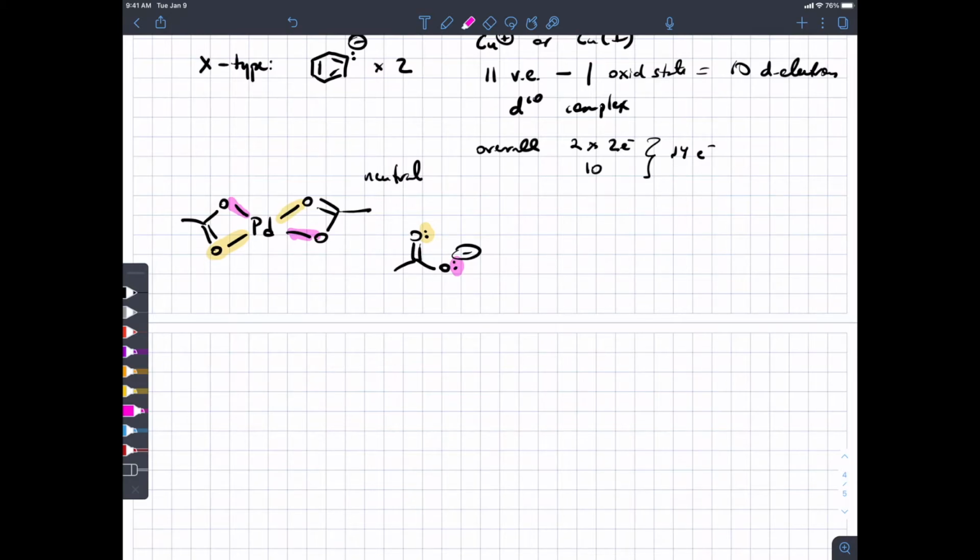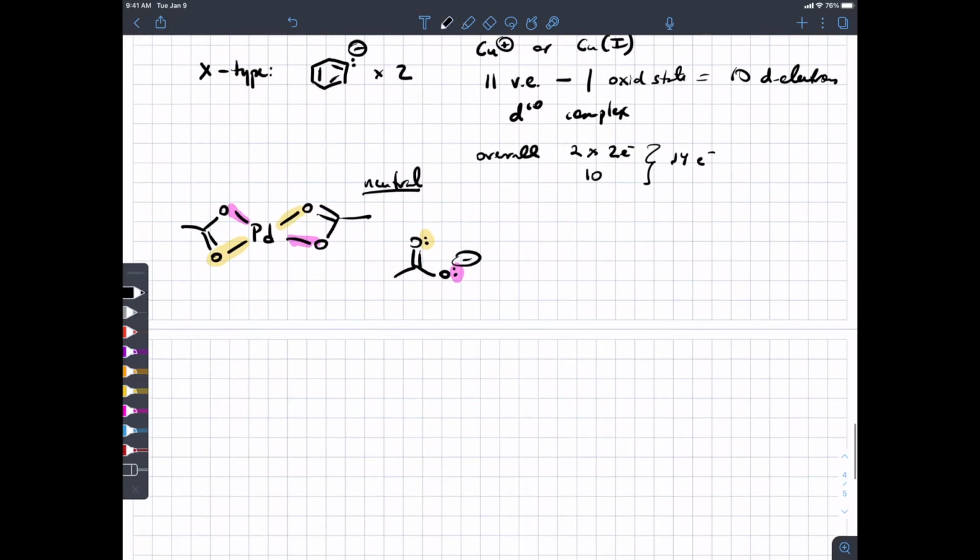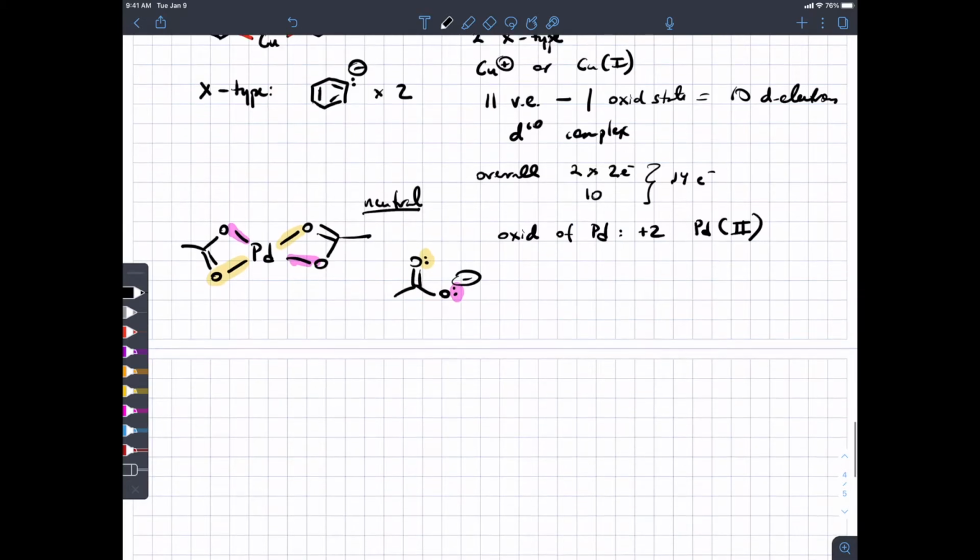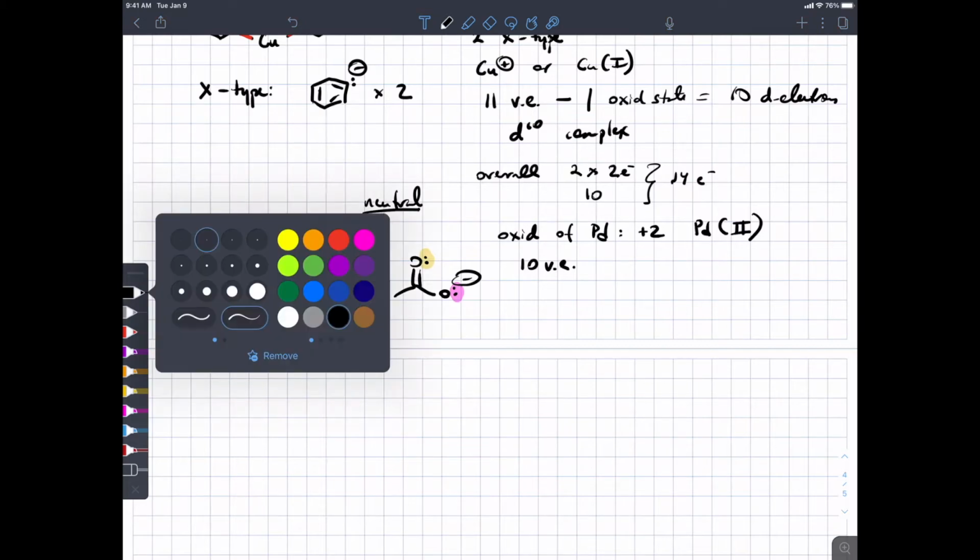So if the complex is neutral overall, what is the oxidation state of palladium? It has to be +2, right? And we will write that as palladium 2, just to balance out the charge. Let's figure out the number of d electrons. Palladium comes with 10 valence electrons.